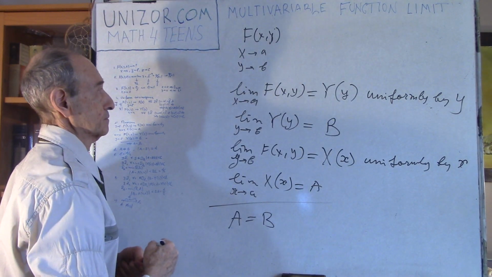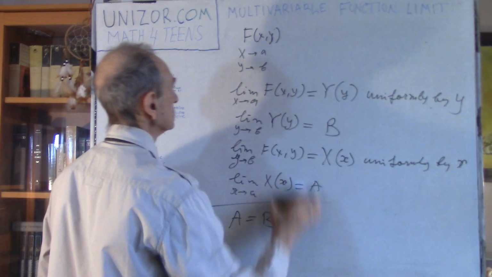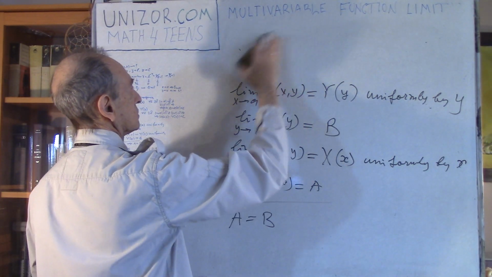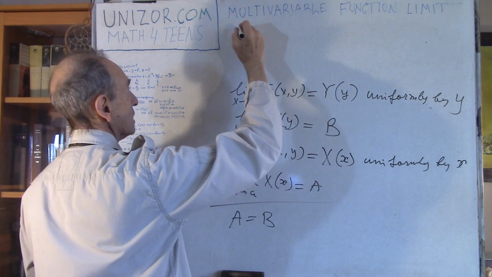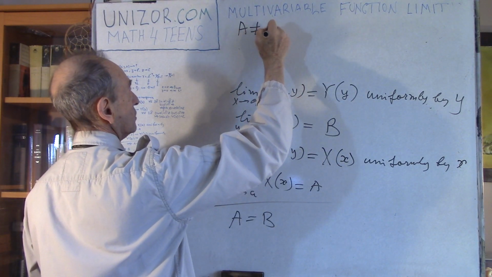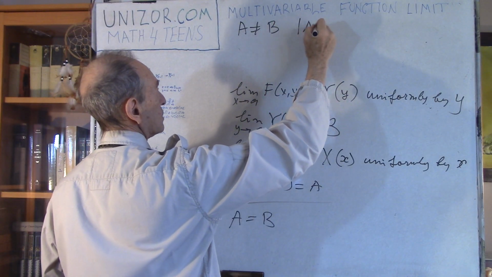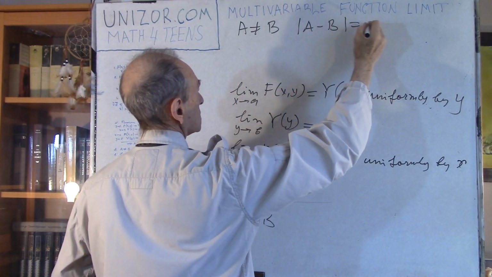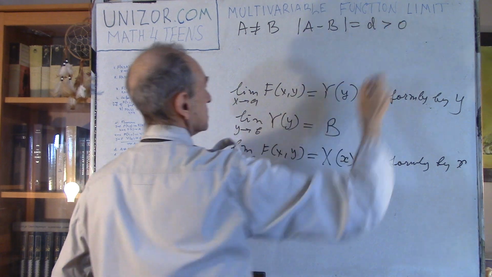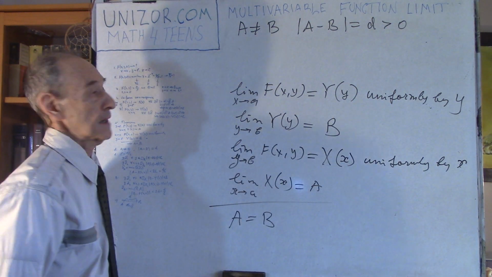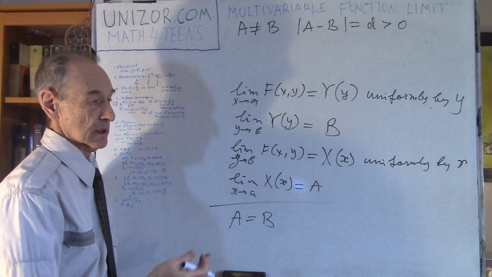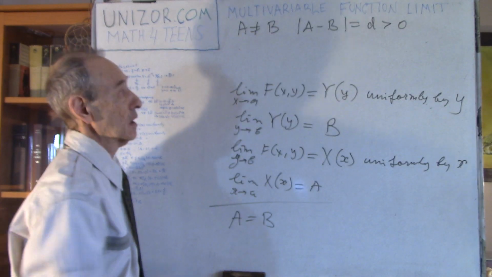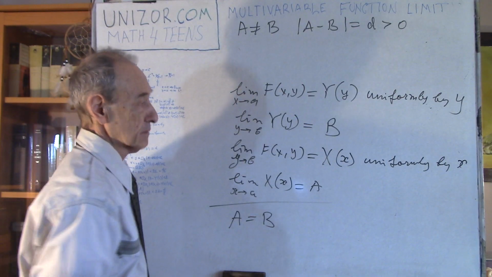Well, very simple. I hope this would be enough for me. Let's say a is not equal to b, and the difference between them is d, which is greater than 0. I will come to some kind of contradiction which will prove that a is supposed to be equal to b.